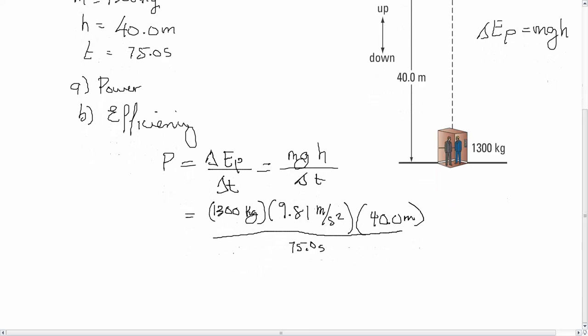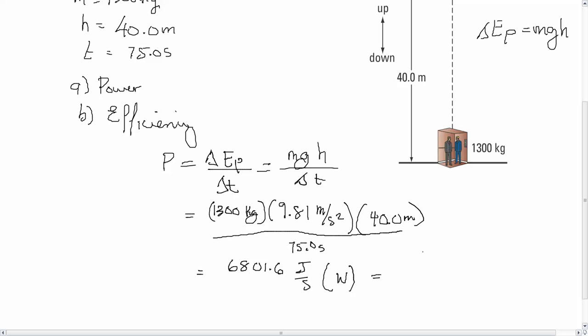We do that calculation, and we get power of 6,801.6 joules per second, or watts. Now, because this is an answer for part A, we need to quote this to 3 significant digits.